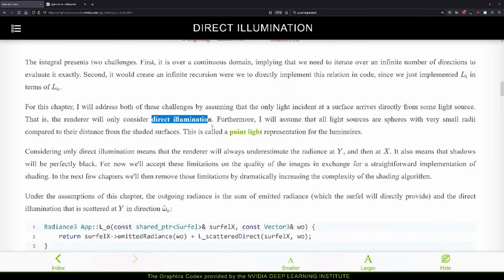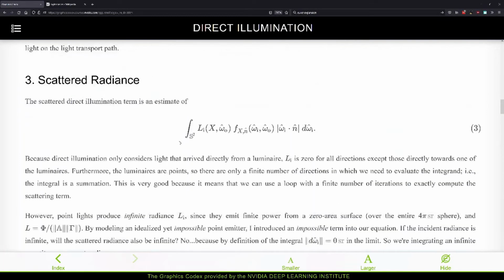But by doing the direct illumination, we do the first step. Okay. This is a good understanding of what you said. Yeah. Finite. That's the word I like to hear.